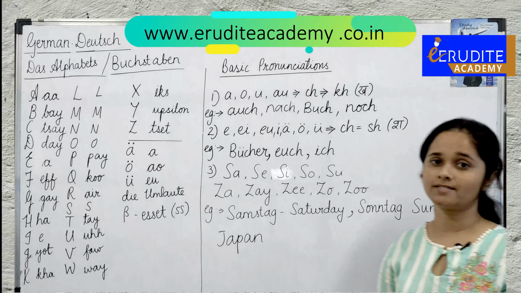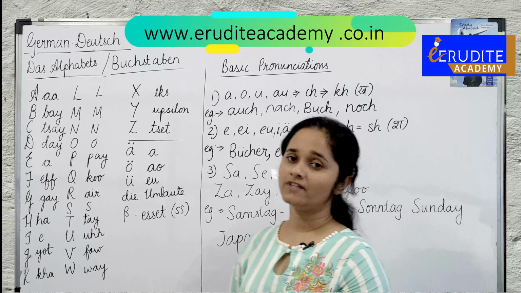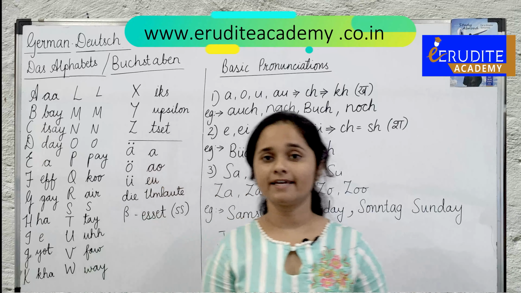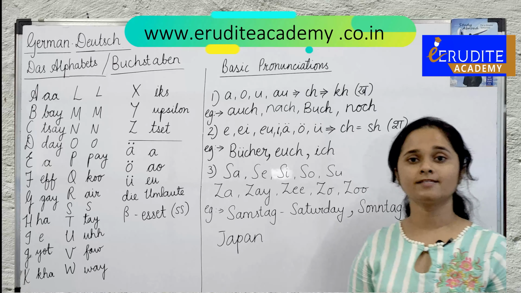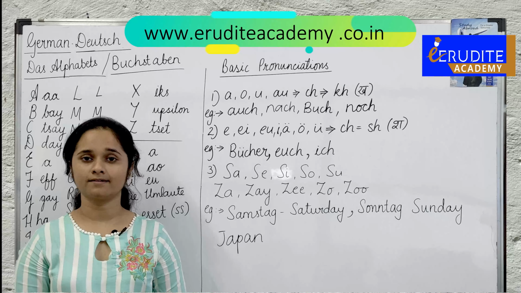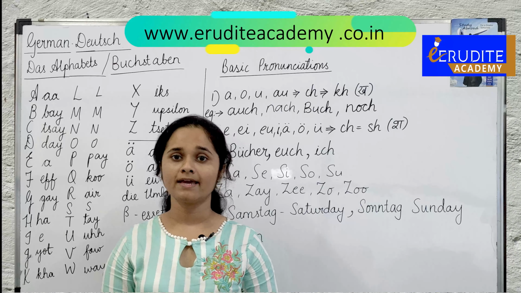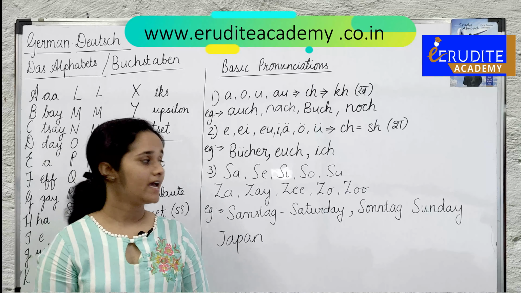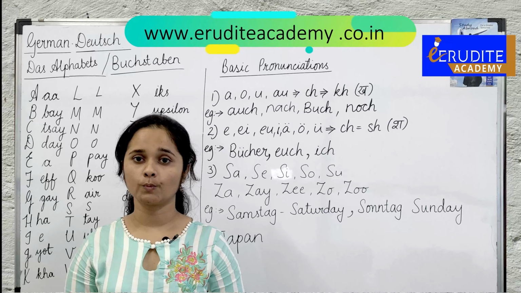Now we go to the third pronunciation rule. Not actually a rule, we can say a tip. If you see any of the English vowels, that is A, E, I, O and U, written after the letter S, the pronunciation of that S should never be like S. It will always be like Z. So, SA will be ZA, SE will be ZE, SI will be ZI, SO will be ZO, SU will be ZU.